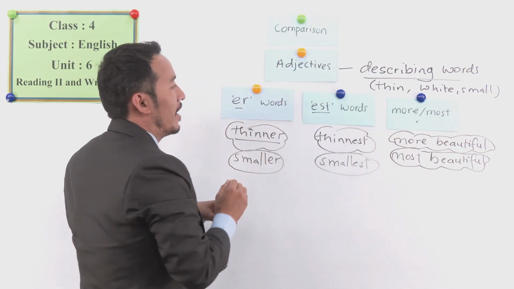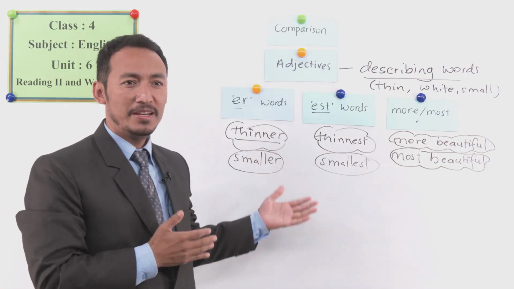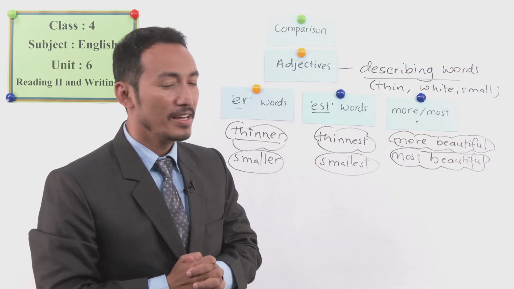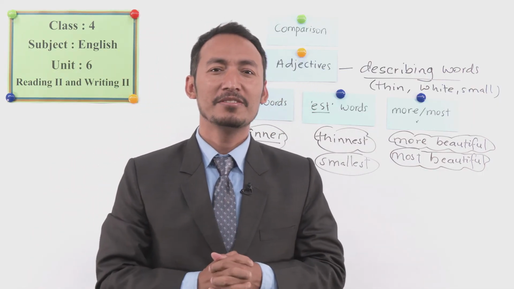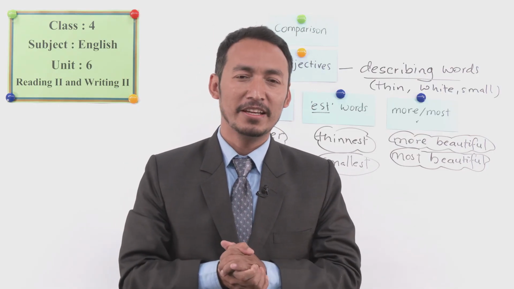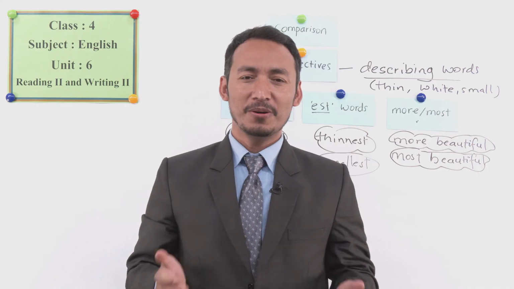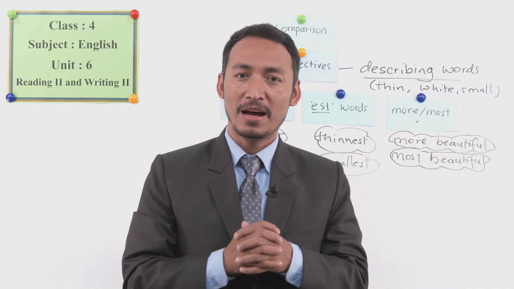Comparison of the things, of the objects, okay students? So we are talking about comparison in our previous lessons as well as in today's lesson. We have comparison of things in the text, okay students? So today I am going to read a text for you from our book.